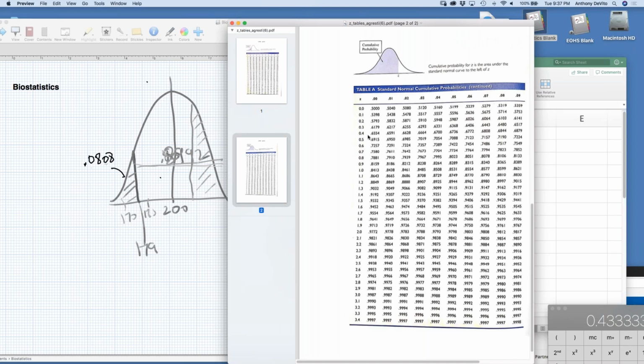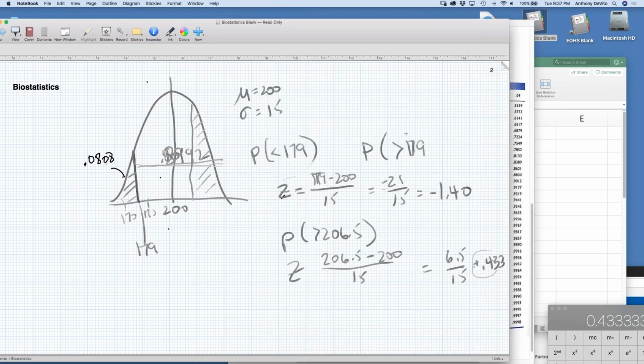0.043. Okay, we only get 3 significant digits: 0.040, 0.041, 0.042, 0.043, 0.044. Okay, 0.043 is 0.6664.